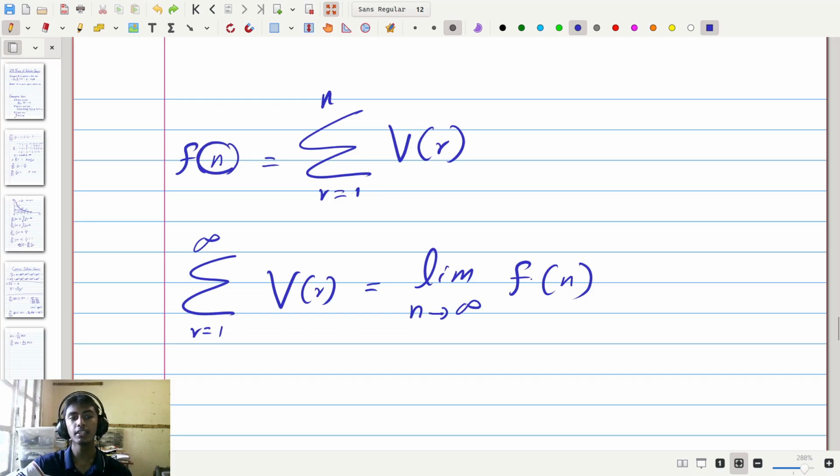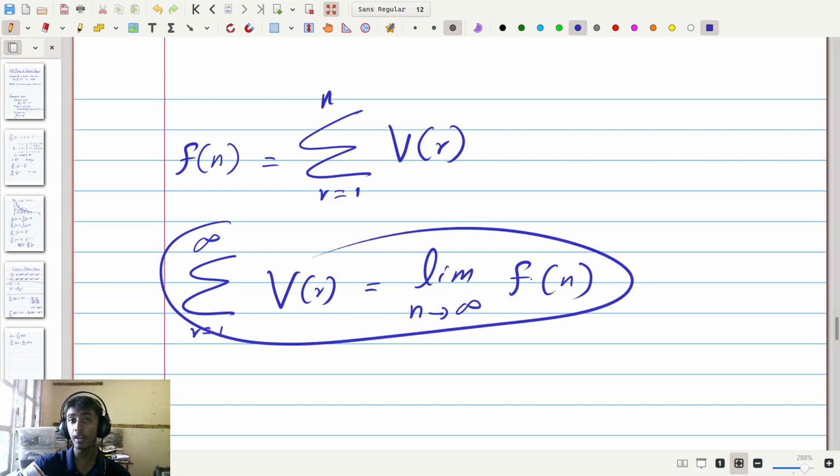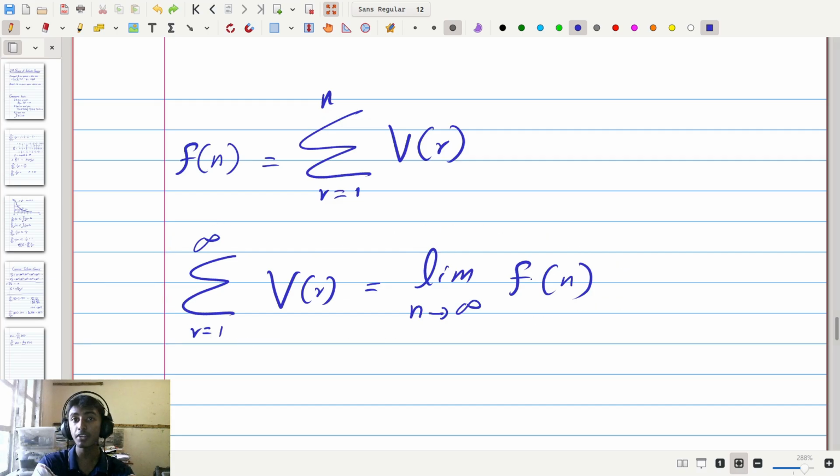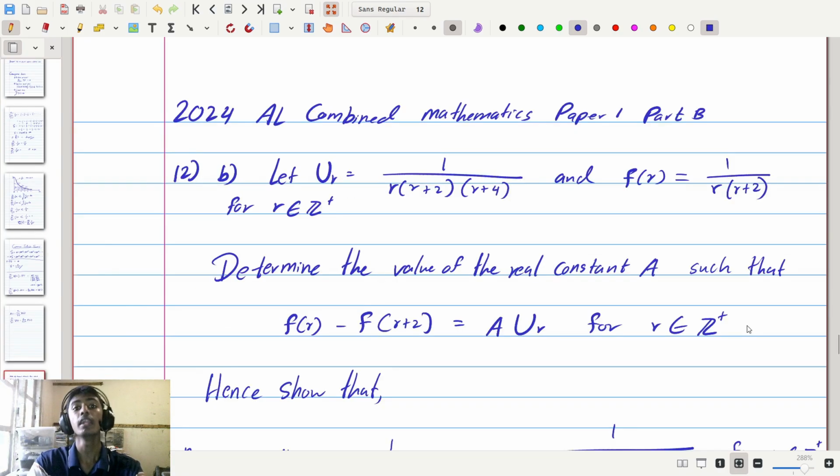This is just the value of the sum for a really large n, so taking n to infinity is basically the same as taking the limit as n approaches infinity. It is a common way to find the infinite sum of a series if we know a formula for its partial sum. Let's now move on to an exam question and conclude this video.